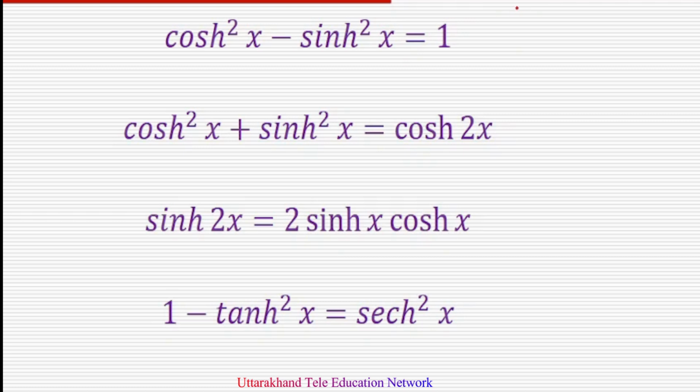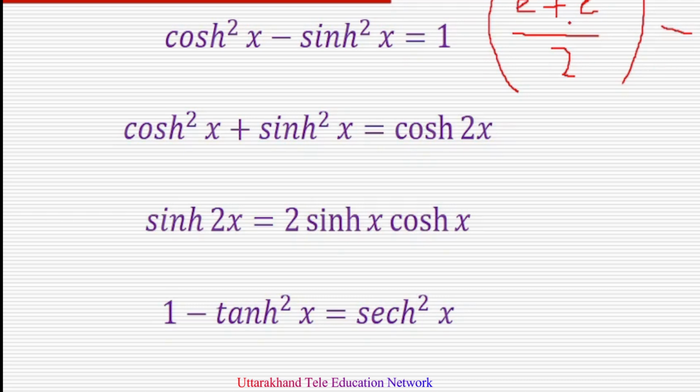So we know that hyperbolic cos x is e raised to power x plus e raised to power minus x, over 2, whole square, minus the whole square of (e raised to power x minus e raised to power minus x) over 2. The first is (e raised to power 2x plus e raised to power minus 2x plus 2) over 4, and the second is (e raised to power 2x plus e raised to power minus 2x minus 2) over 4.